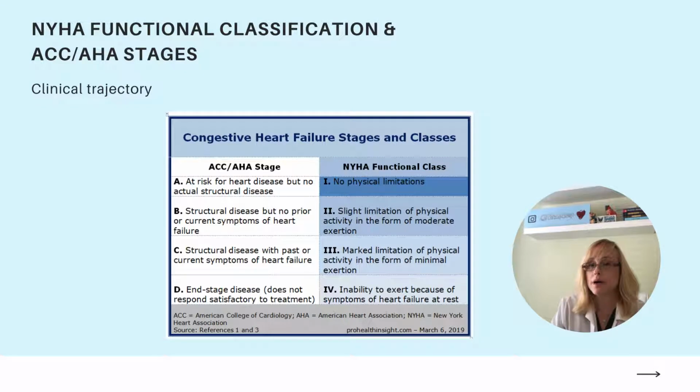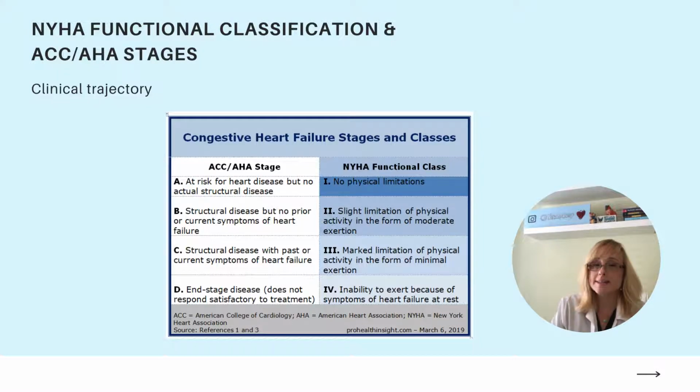Class 3, marked limitation of physical activity with minimal exertion. And class 4 is at rest, they're short of breath. Typically in the hospital, a lot of patients tend to come in as a class 3, and as we diurese them, they improve to a class 2 or hopefully 1.